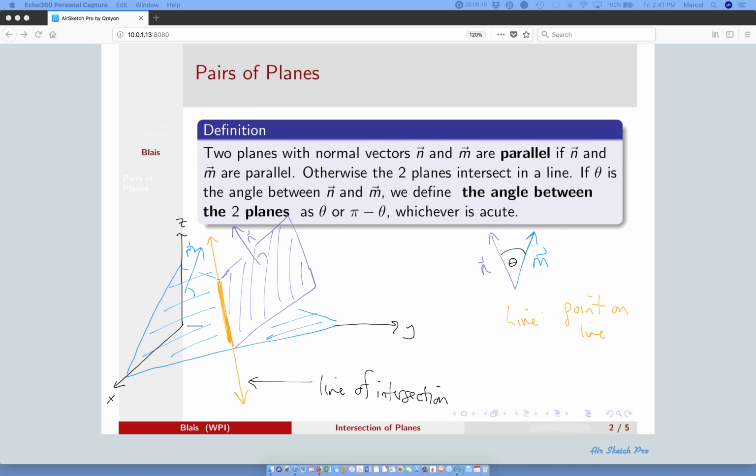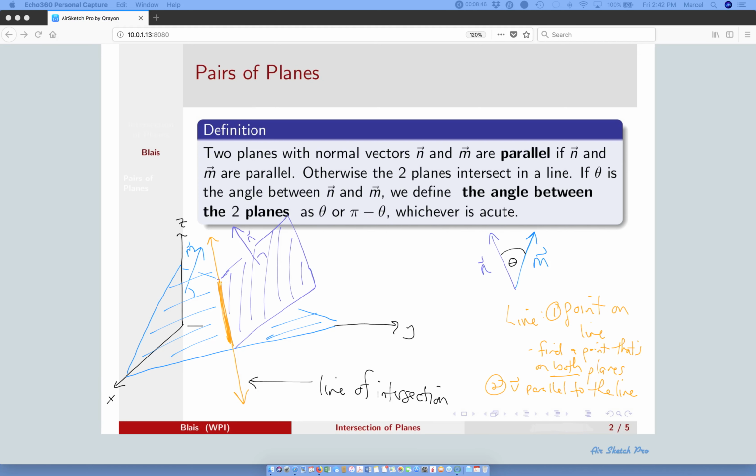So that will boil down to finding a point that's on both planes. That's the first thing we need. The second thing we need is a vector parallel to the line.